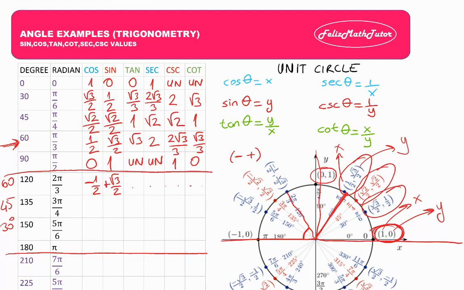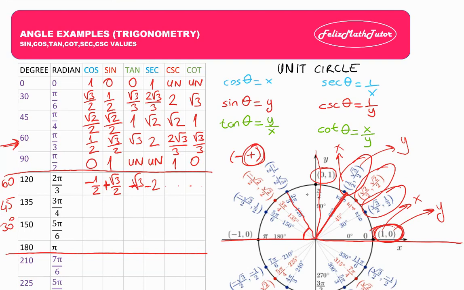this one is positive, sorry. This one is positive because its sign is positive in here. Okay, when you divide negative and positive each other, you will get negative, which is negative square root of 3. And here, similarly, negative 2. Here, positive. Yeah, positive because cosecant is 1/y.